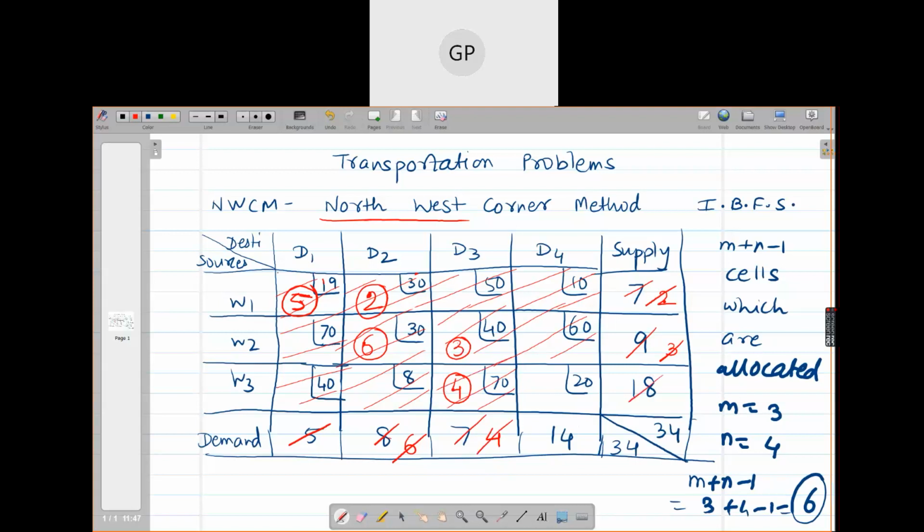And 14 units are available now at W3 and 14 are required, right? Yes, ma'am. So give these 14 so that the supply is used completely and the demand is also fulfilled. Have you understood it? Yes, ma'am.